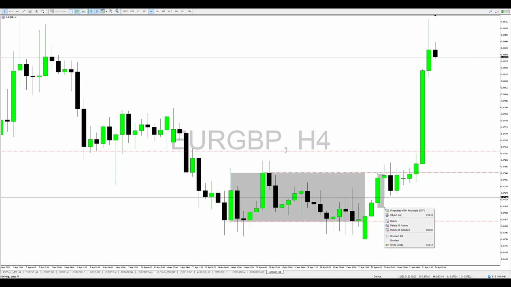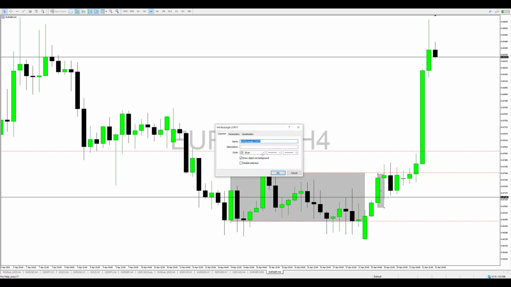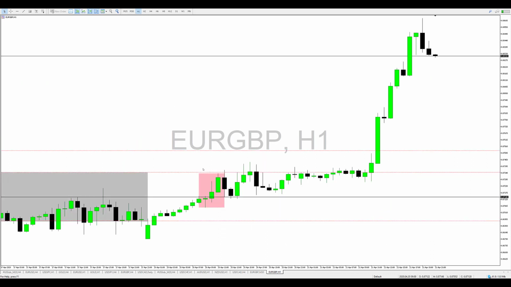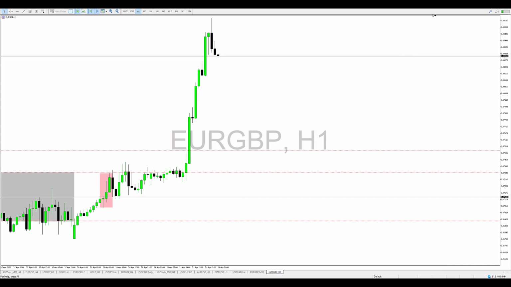Now I'm gonna give it a different color. You just make it salmon or something light, so that it's in this salmon color coded rectangle that we are going to look for the order block. Now I'm gonna go to an hourly chart. Let me just zoom out a bit.